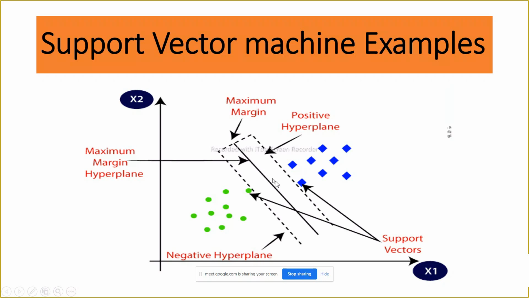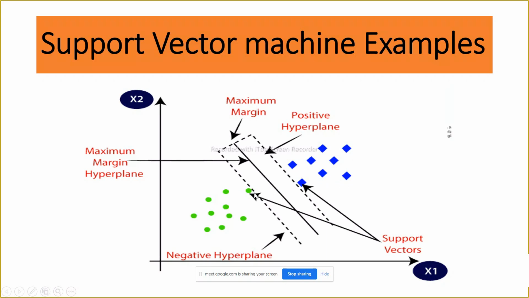This line is called the decision boundary. Near the decision boundary, you can see a lot of pixel values for water and a lot of pixel values for built-up area.